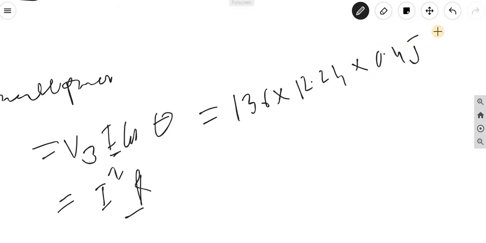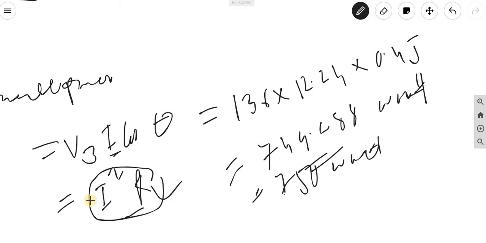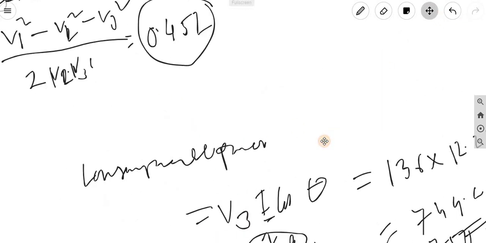So 0.45 into 136 into 12.24 gives around 750 watts. Also in this way we can get it, since R is known and this is I, so this is also the power consumed. Okay, so this is the example.